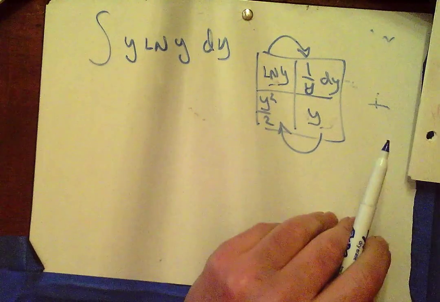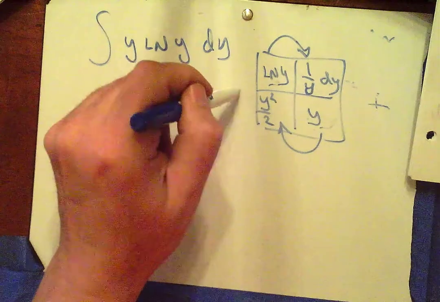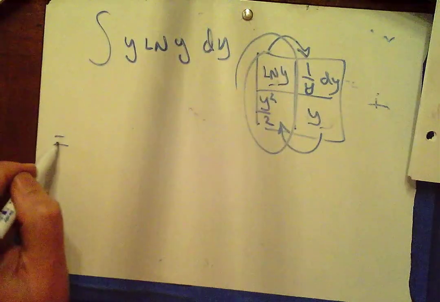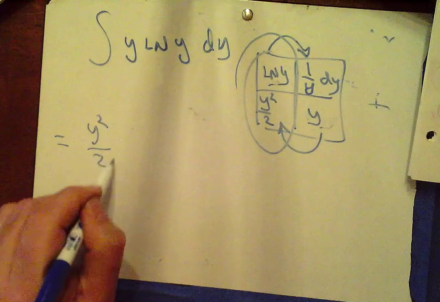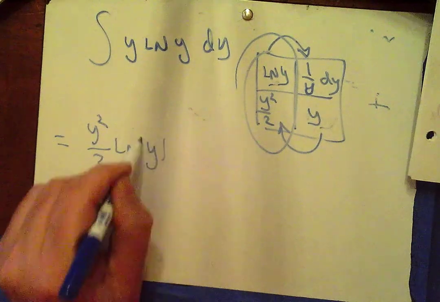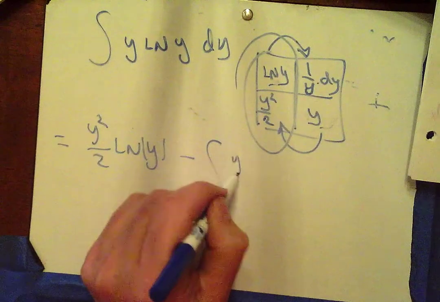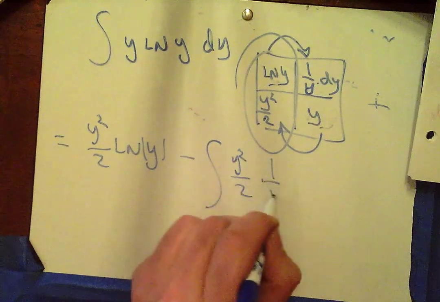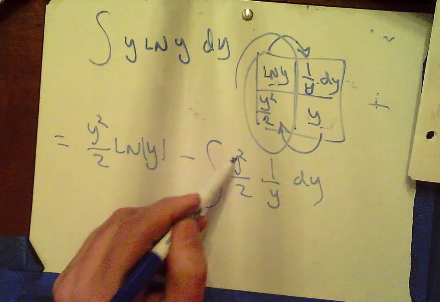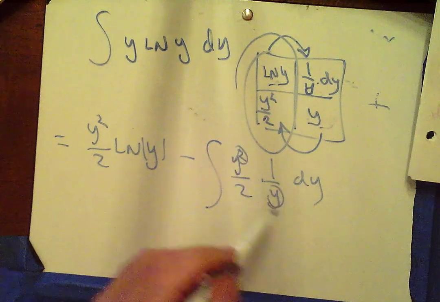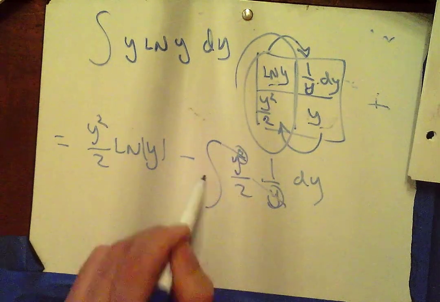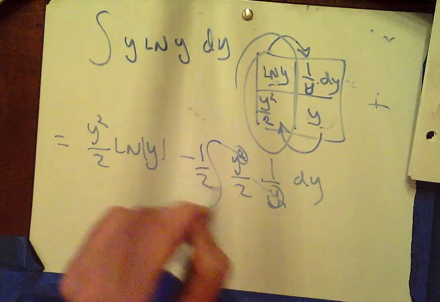Do I really want to do that? Well, let's take a look. This times this. So we've got y squared over 2 ln of y minus the integral of this times this. Well, look what happens. One of these cancels with that. I can pull the constant out. So let's take that one out.